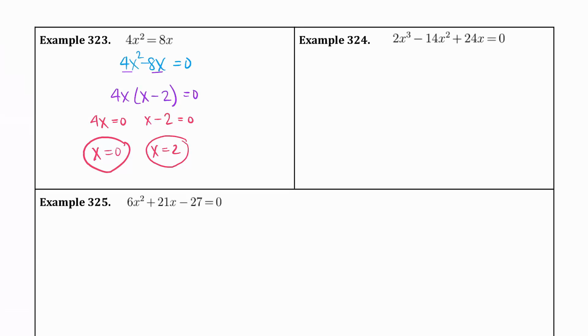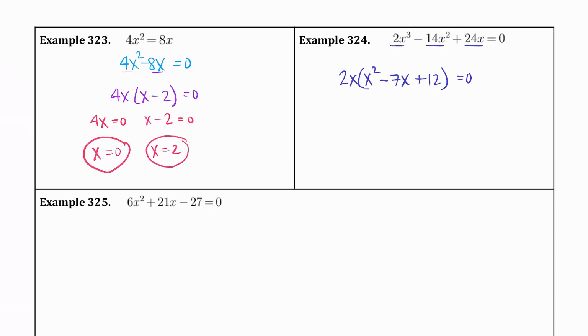All right, for these last couple here, we've got to look for a greatest common factor again, just like we did on 323. We've got 2x cubed minus 14x squared plus 24x. We can definitely take out a 2, and they all have an x. If we do that, I'm left with x squared minus 7x plus 12.